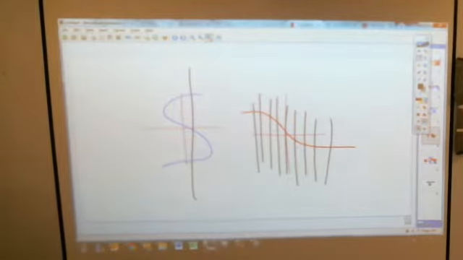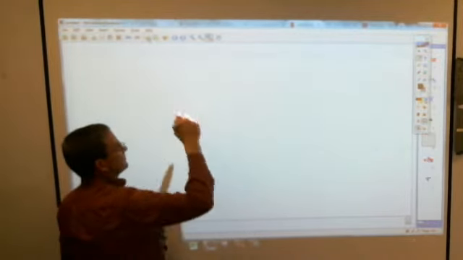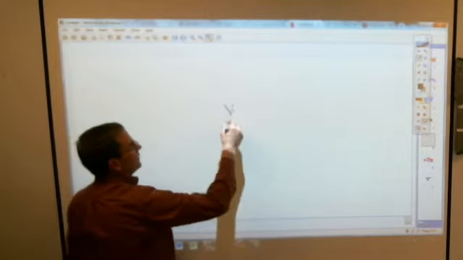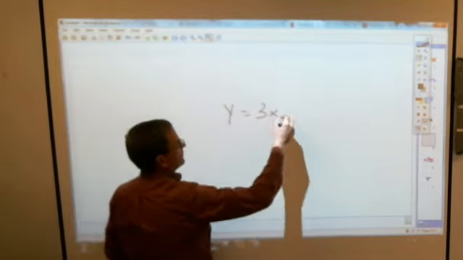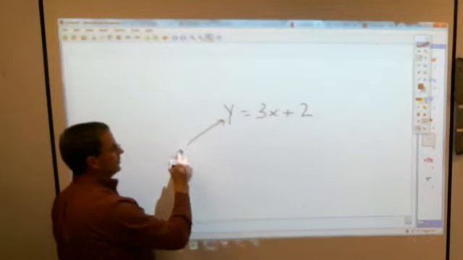And then, not to confuse you anymore, generally speaking, when we've seen linear equations and other equations before, we've seen it like this: y equals 3x plus 2, right? What form was that? Slope-intercept form.